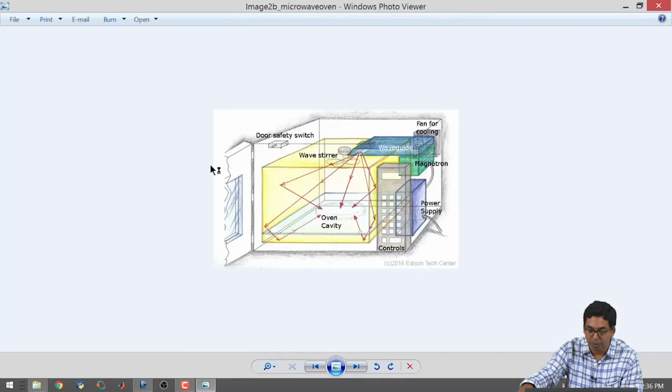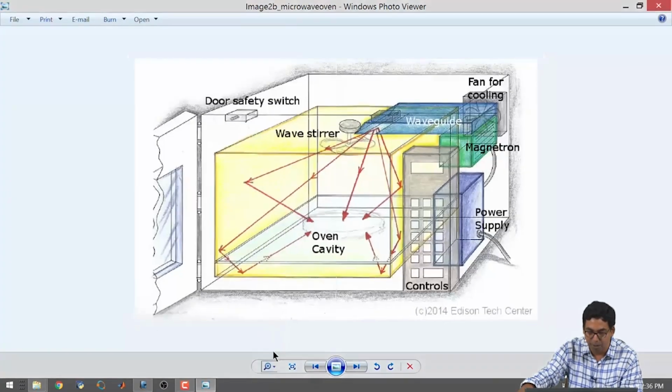So, another picture would be like this, which shows a little more detail on how this cavity is functioning. I have a power supply, magnetron, a waveguide and a wave stirrer. The waveguide takes the power from the magnetron and launches it into the cavity.